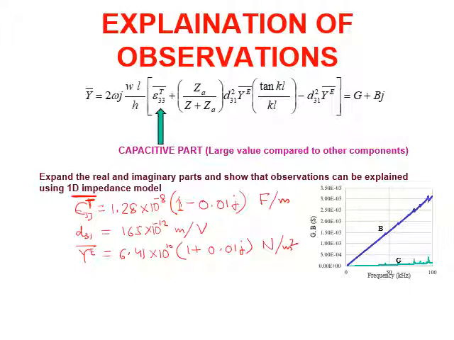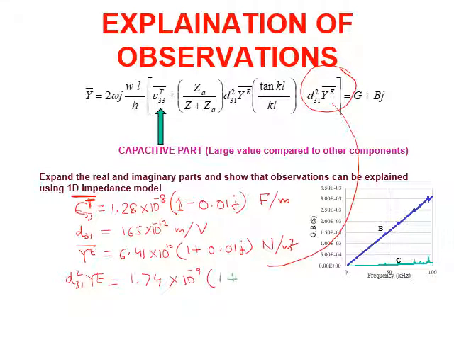If we now do the multiplication for this part, because we have d31 also and Y E, we'll find that its value comes out to be 1.74 into 10 power minus 9 (1 plus 0.01 j). Now we can compare the magnitude of epsilon 33.